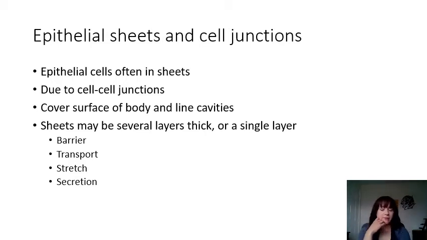Some of these epithelial cells will also be secreting molecules. The epithelial cells that line the stomach are going to be secreting enzymes and hydrogen, right, to promote an acidic environment in the stomach. In addition to secretion, they also need to be able to detect signals, right?